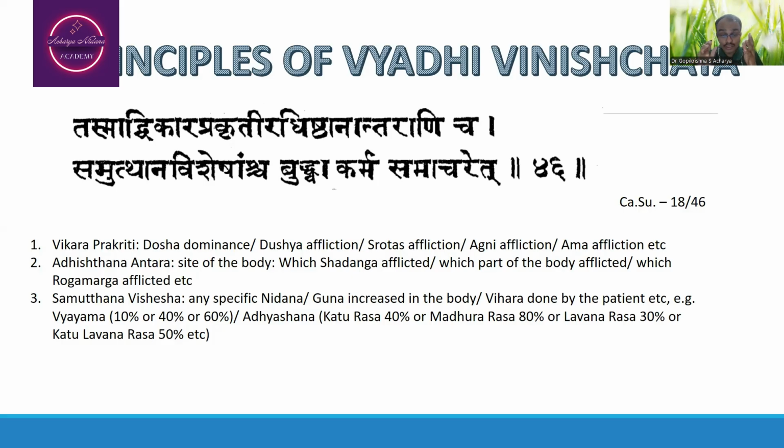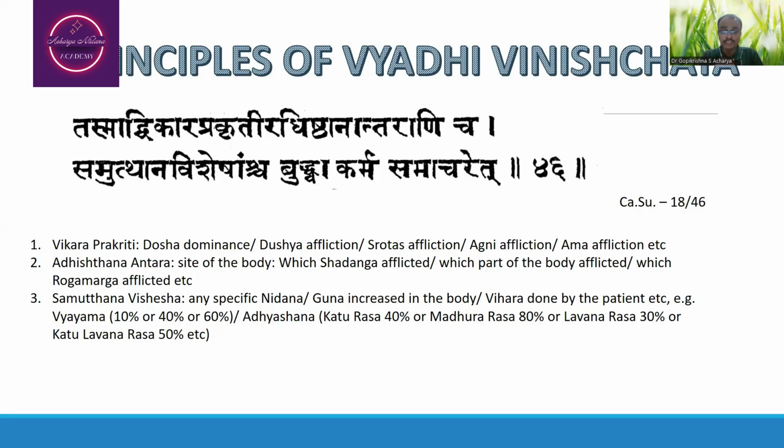So what kind of vihara is being done by the person will decide the actual dosha, that is the nidana, and its impact in the human body can be predicted. Let us take another example regarding the ahara itself. Suppose the person is doing katu rasa sevana, then there may be a possibility of either vata or pitta dosha increase.